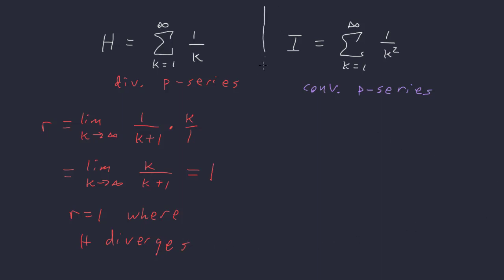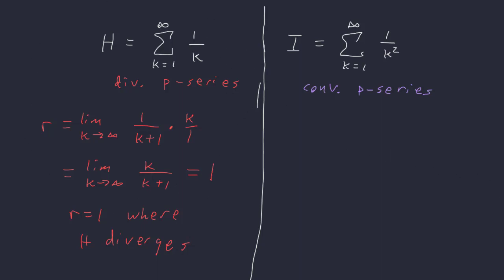It kind of makes sense that r equals 1 would give us divergence because, remember, this started to behave like a geometric series, and if it behaves like a geometric series, doesn't that mean that if r is equal to 1, we'll get divergence? Well, this seems to suggest it.